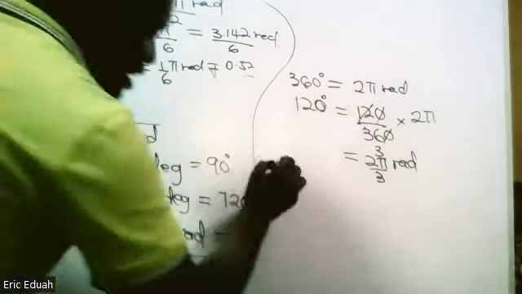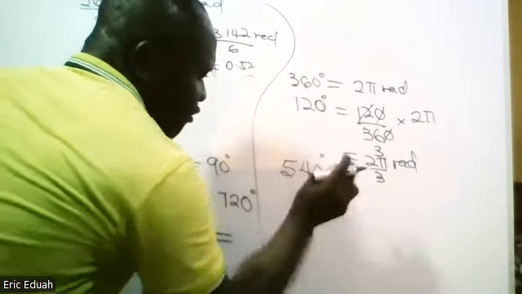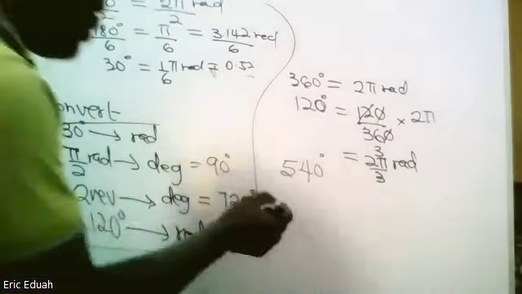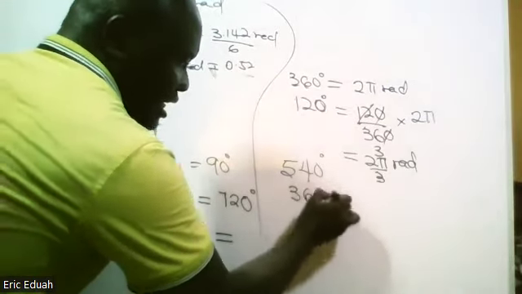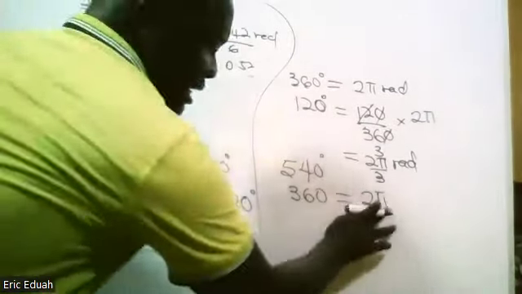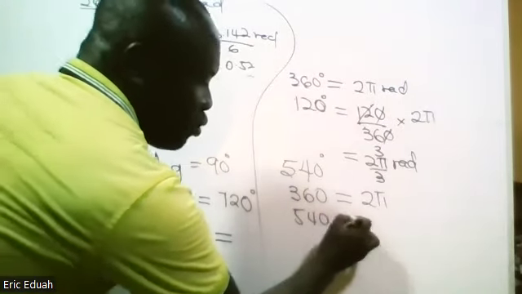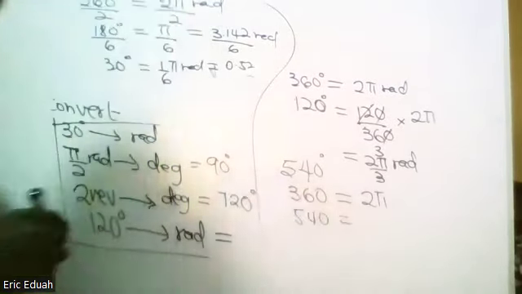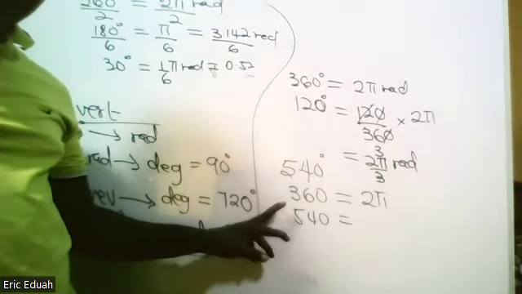If I should even give you 540 degrees, convert this to radian. By using ratio and proportion, if 360 is giving us 2 pi radian, then 540, will this be more or less? More. It will be more.